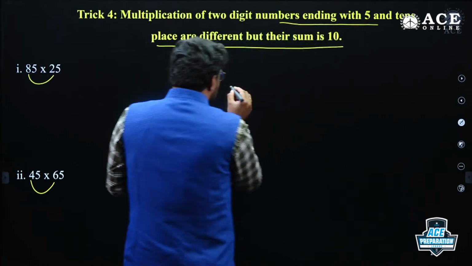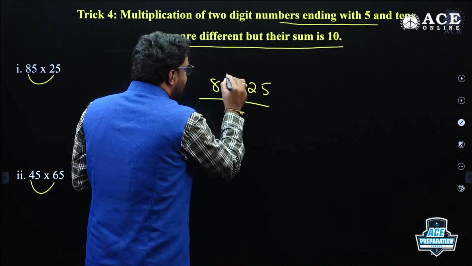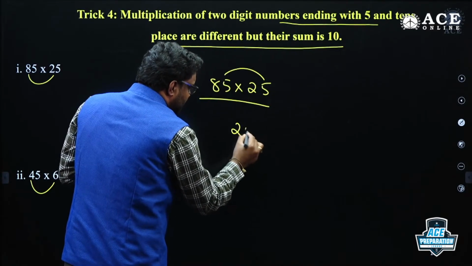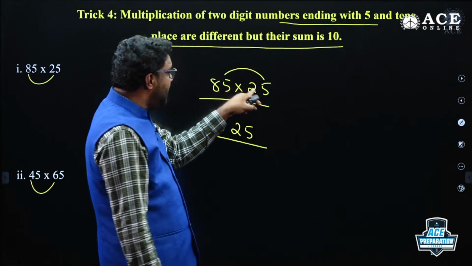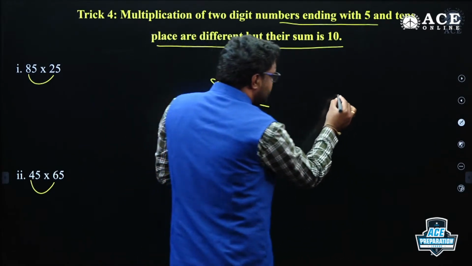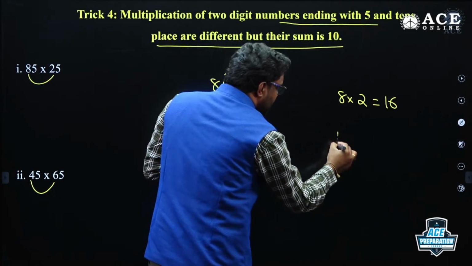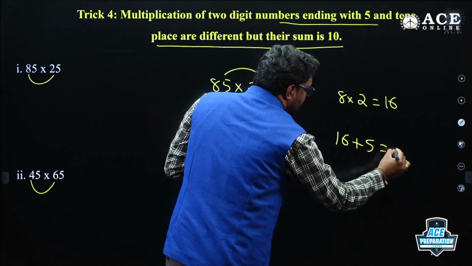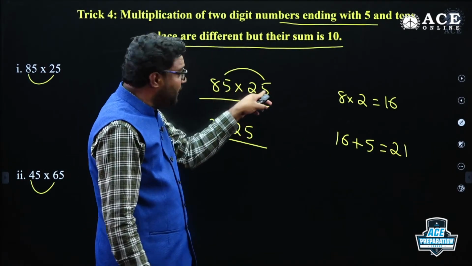Then see 85 into 25: 5 into 5, 25. For the remaining numbers 8 and 2, 8 2s are 16. Add 5 to that, we get 21. So this is 2125.